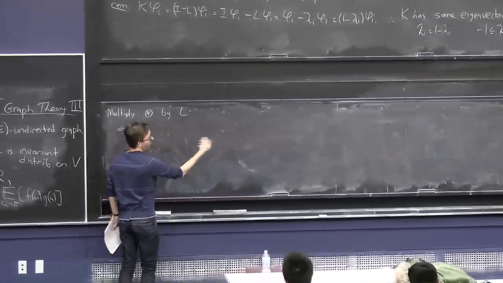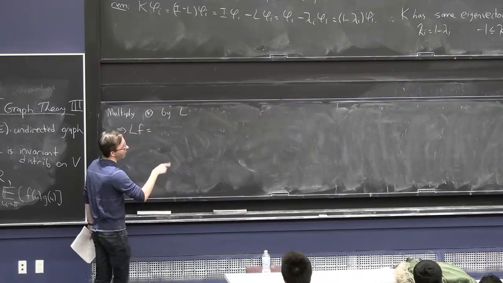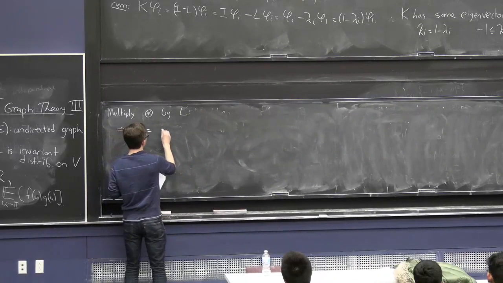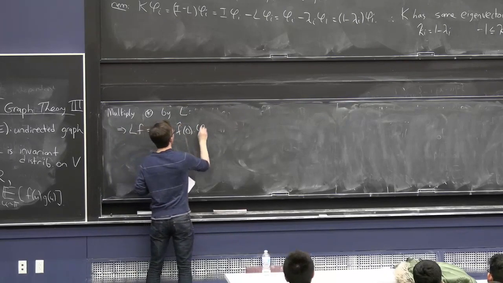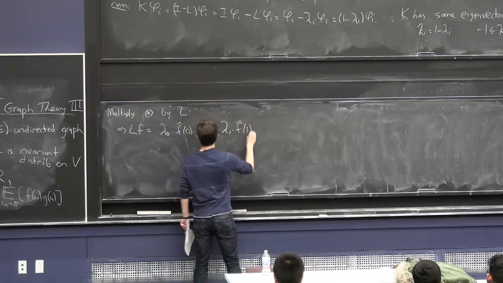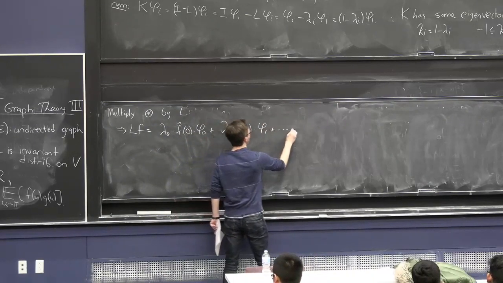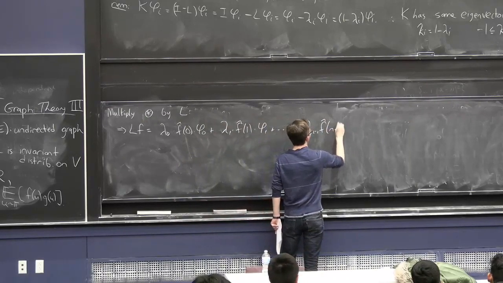And similarly, this will happen for all the other f hat i, phi i terms. So what we'll get is lambda 0 times f hat 0 times phi 0 plus lambda 1 times f hat 1 times phi 1 plus dot dot dot plus lambda n minus 1 times f hat n minus 1 times phi n minus 1.